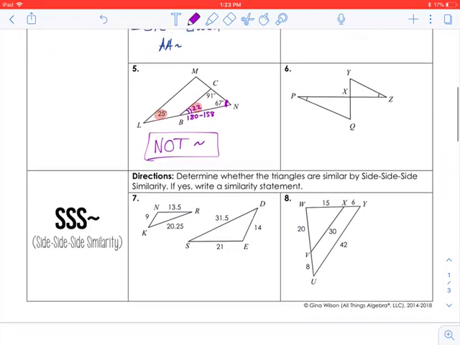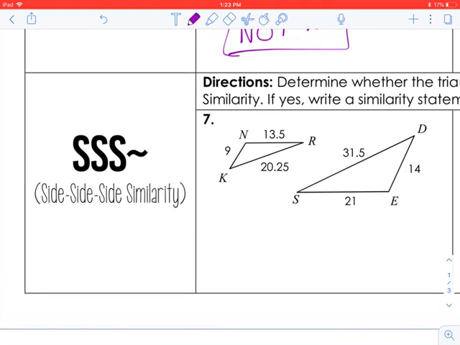Okay, look at the next one, side-side similarity.